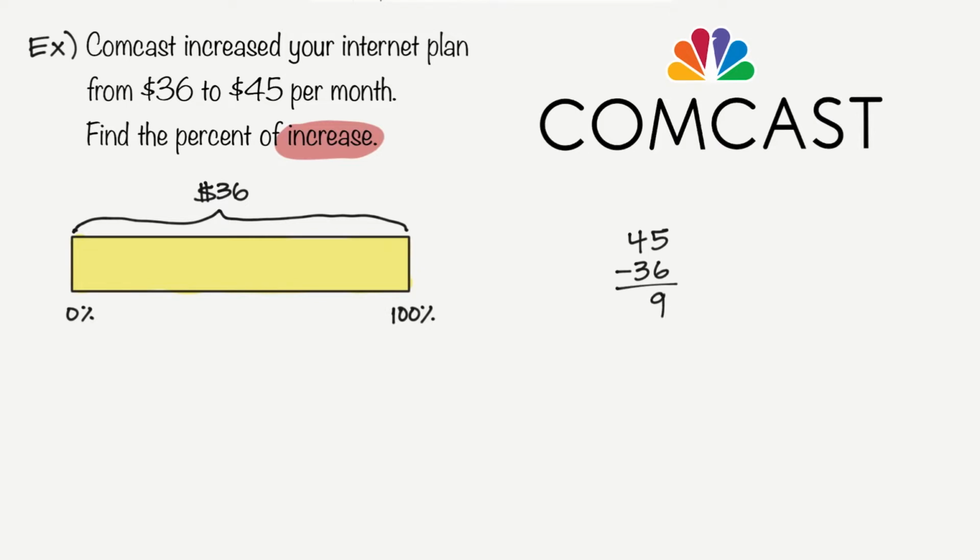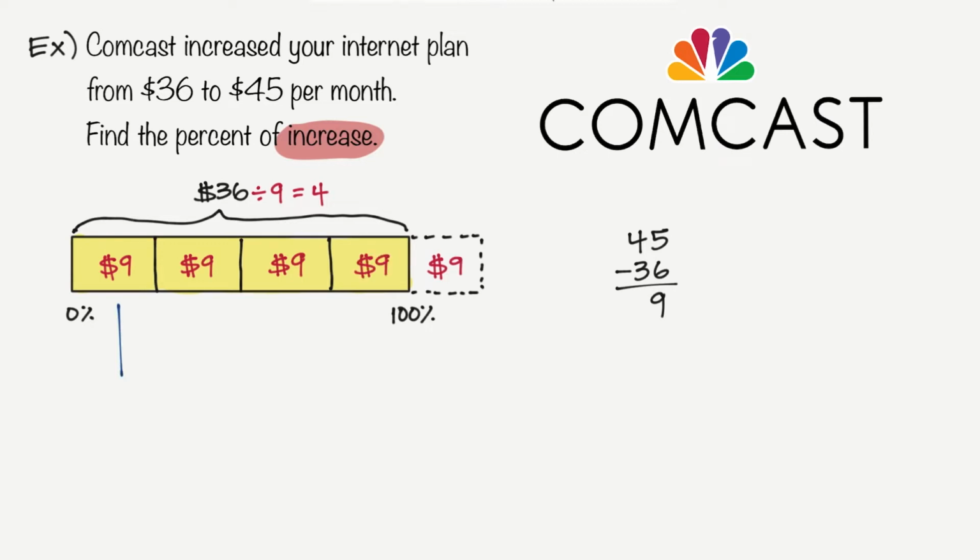So if I subtract 36 from 45, that's telling me that I'm going to add on to my bill another $9. Okay, so what I'm going to do now is I'm going to take my $36 and divide it by that 9. And that's going to tell me that I'm going to divide my regular bill into 4 equal sections. And each of those sections represents $9.